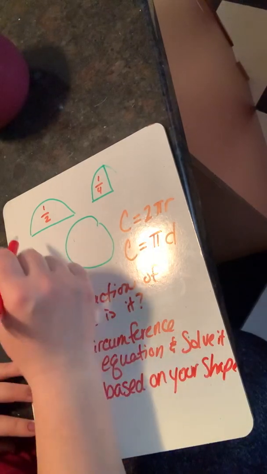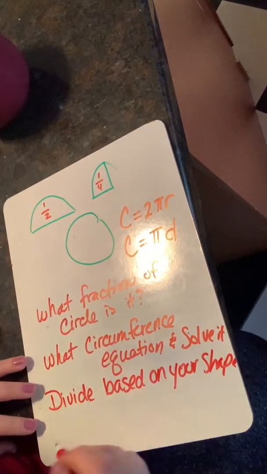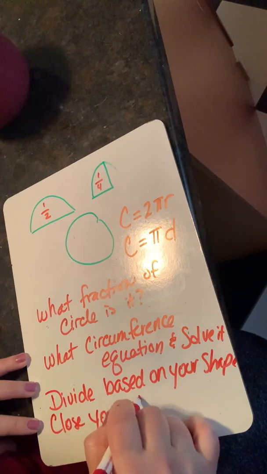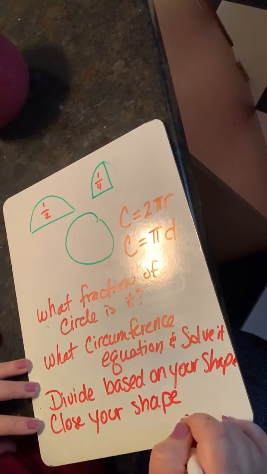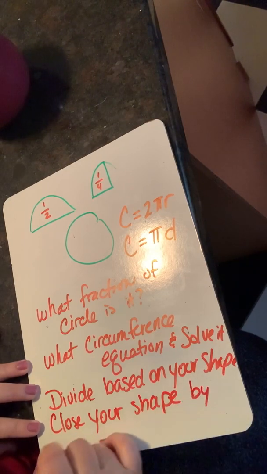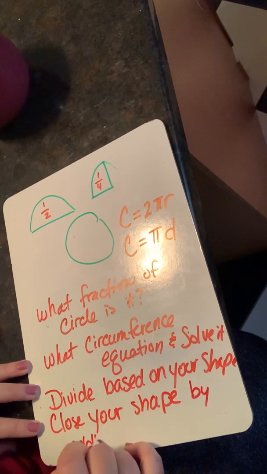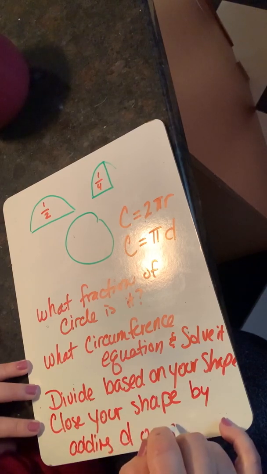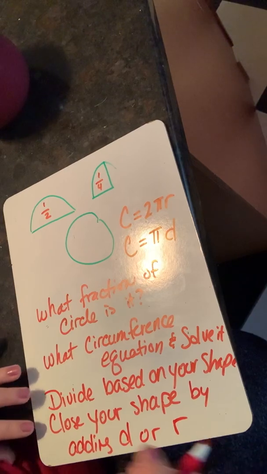Once you divide, you just get the arc measurement, but then you have to close your shape. And you do that by adding your diameter or your radius amounts.